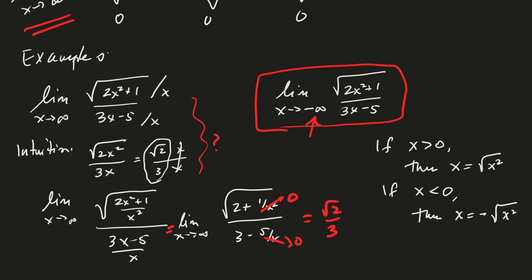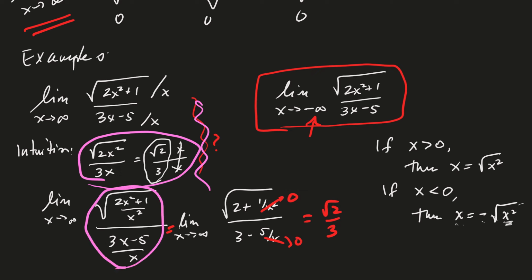The reason for that is because as soon as you take x squared, your number becomes positive, and then you take the positive root, and so to make x negative again, you have to multiply it by a negative 1. So did you see where we used that over here in this example? It was right here in the intuition, and it was right here in the algebra.